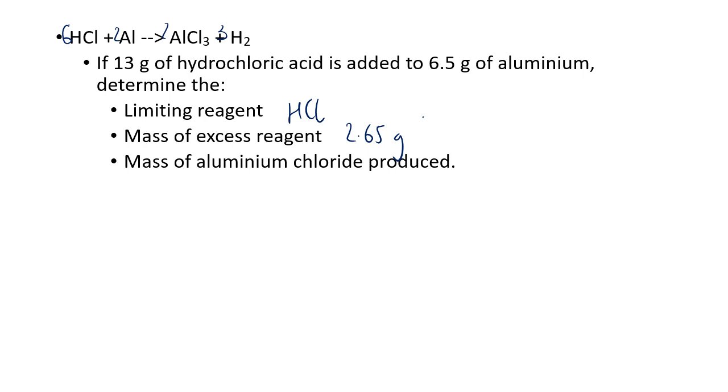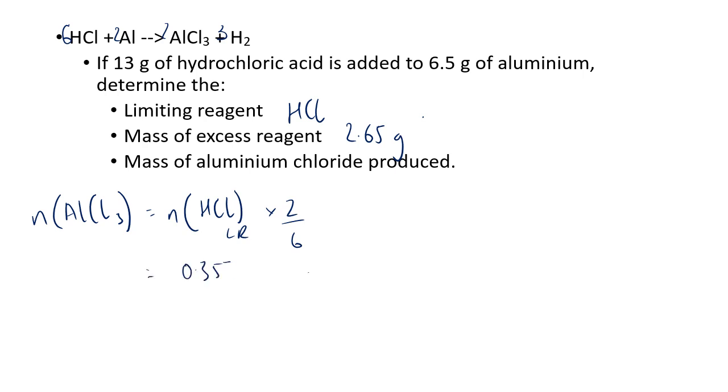Okay. So what we need to consider is the number of moles of aluminium chloride will be equal to the number of moles of HCl, which is the limiting reagent, times 2 on 6, right? That happens to be 0.357 times 2 on 6, which is equal to 0.119 mole, right?